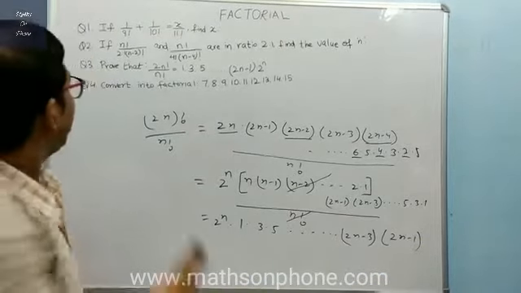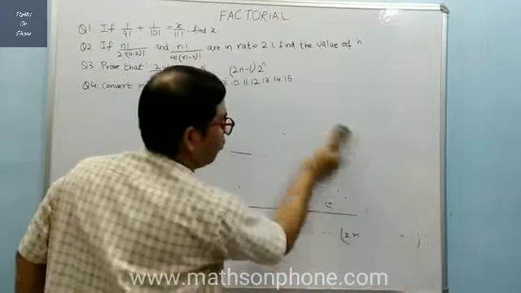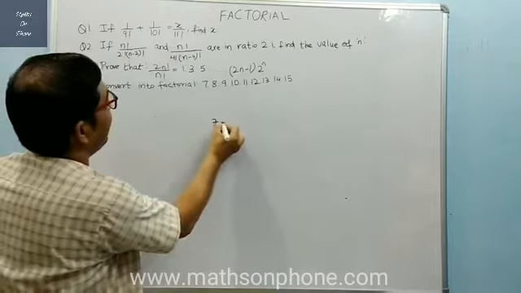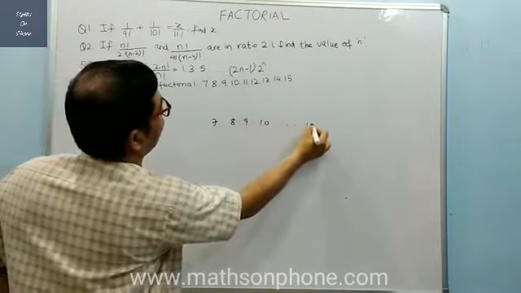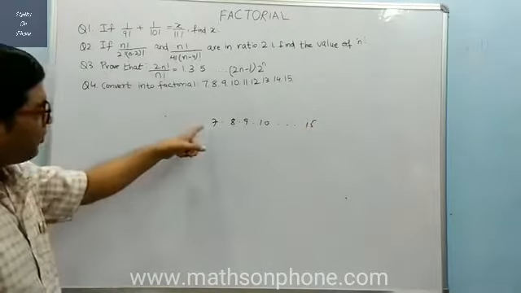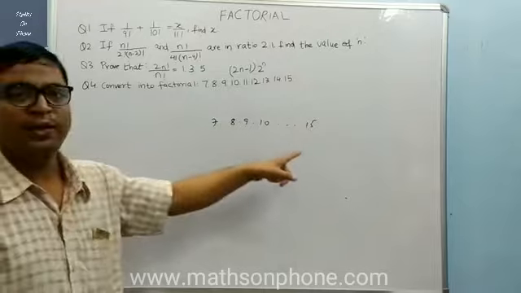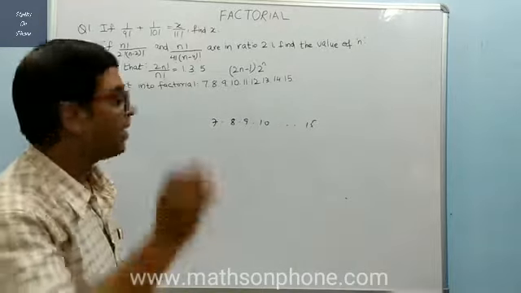Now go for the last question. Very simple, you can do it on your own. See, in the last question, it is 7 into 8 into 9 into 10 up to 15. So if somehow it is starting from 1 to 15, we can write this as 15 factorial.